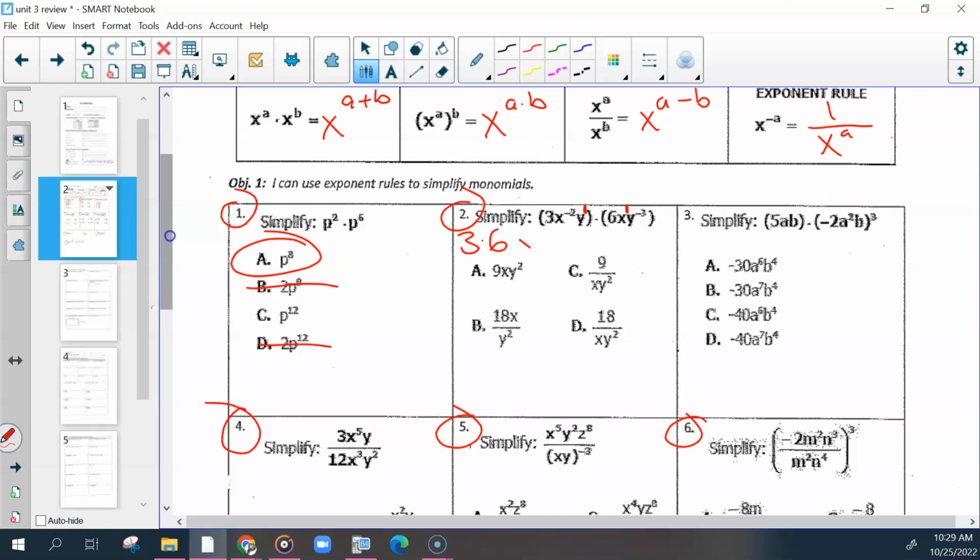What would our 2 new exponents become? So then we would actually multiply the numbers 3 and 6. And because we got 18, it can't be A or C. And then these both have negative exponents, so they're both going to be moved down in our denominator. So D would be our final answer.